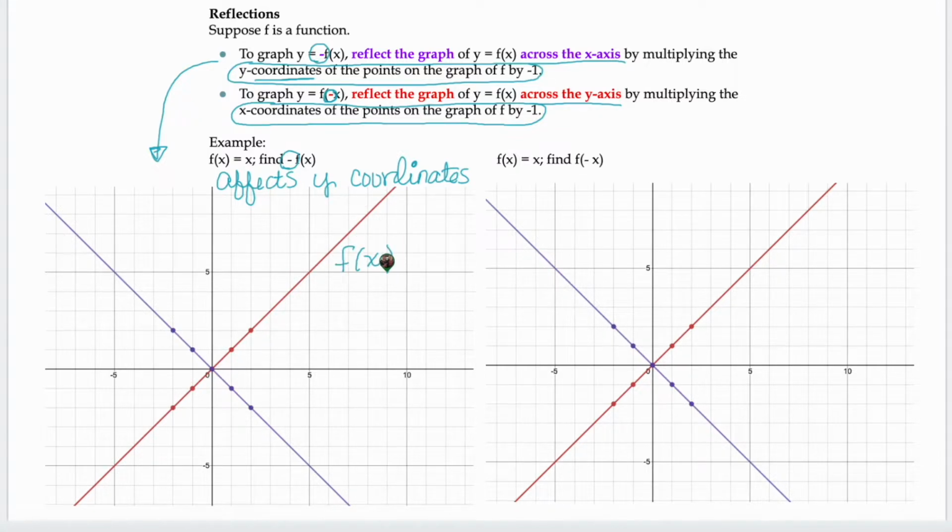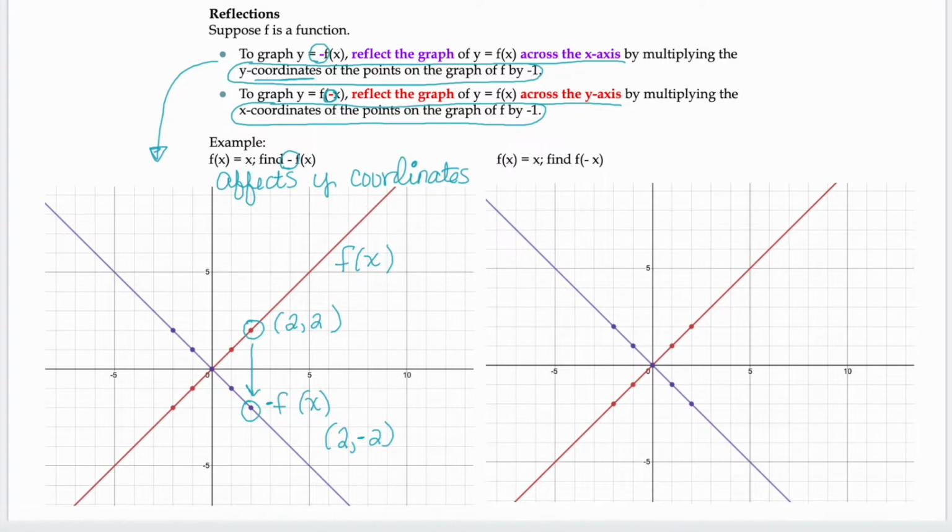Let's say I have this point (2, 2). Since we multiply the y-coordinates by -1 when reflecting across the x-axis, my new point for negative f of x is (2, -2) because it's affecting my y-coordinates.